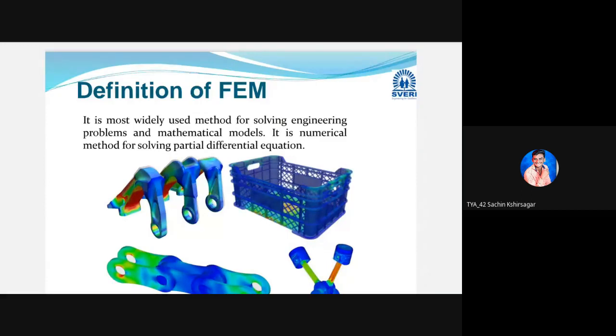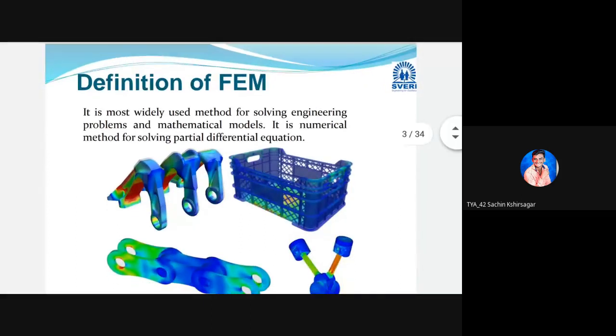This is nothing but analysis. It is a numerical method for solving partial differential equations. Already we have discussed what is integration and what is derivative. Now by using partial differential equations, we can analyze.